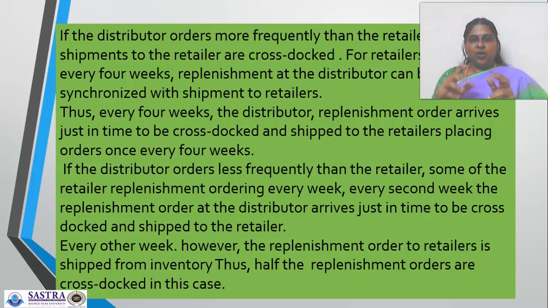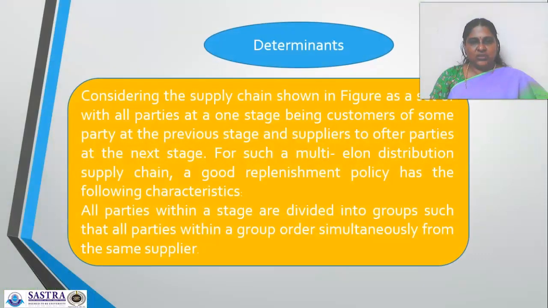If the distributor orders less frequently than the retailer, some retailers order every week, and every second week the replenishment order at the distributor arrives just in time to be cross-docked and shipped to the retailer. And every other week, however, the replenishment order to the retailer is shipped from inventory. Thus, half of the replenishment orders are cross-docked in this case also.